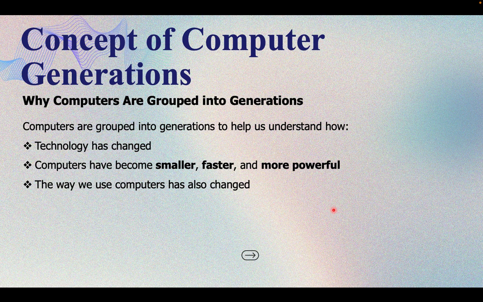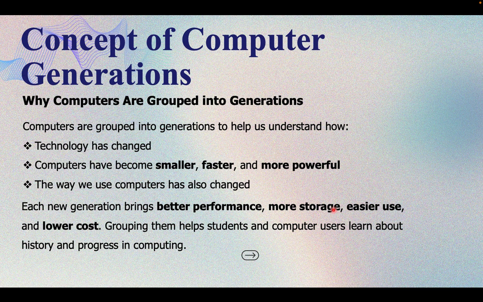The way we use computers has also changed. Hitherto, we always used computers in a stationary place, but now we can move computers around, carry them along, even in our pocket. We now have wearable devices and all that. So it helps us to actually know how things have changed over time.